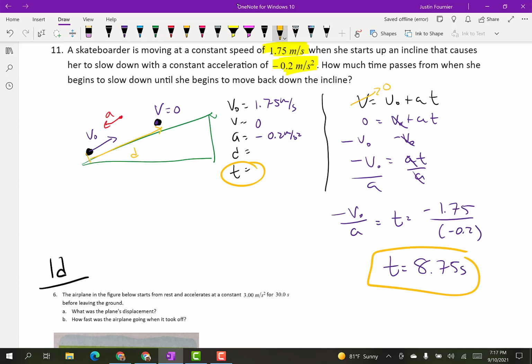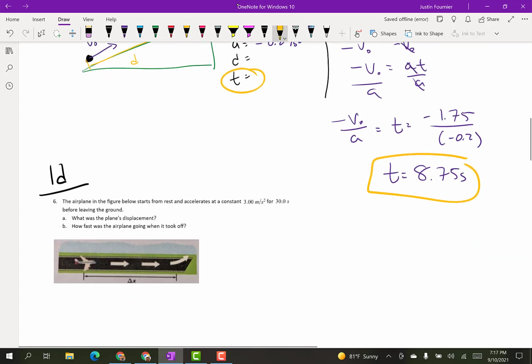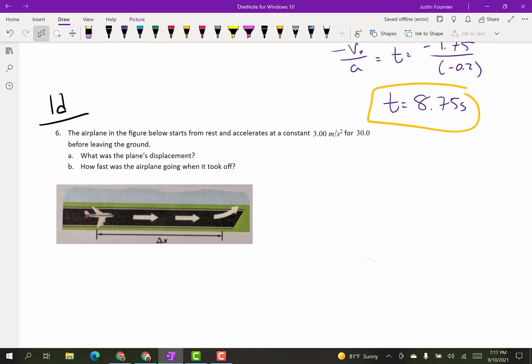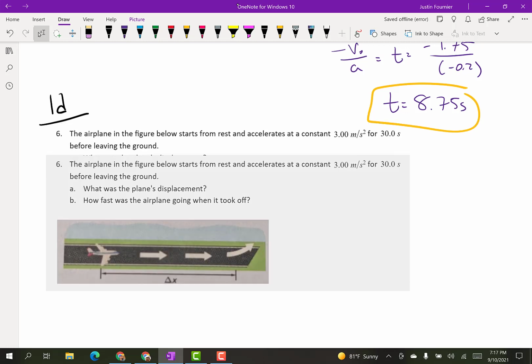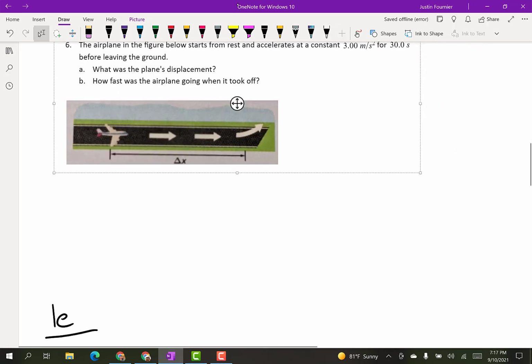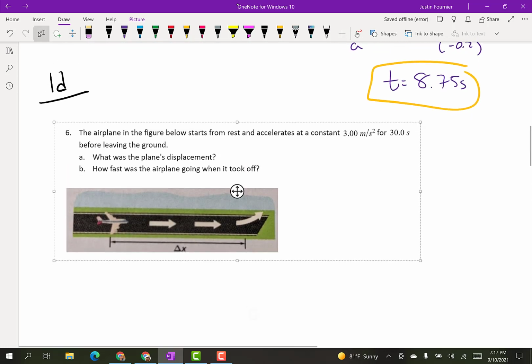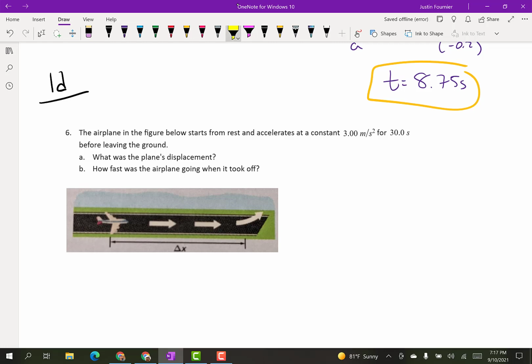All right. So now moving on to this one, 1D, question 6, which says, the airplane in the figure below, so let's move this down a little bit. Airplane in the figure below starts from rest and accelerates 3 meters per second squared for 30 seconds before leaving the ground.